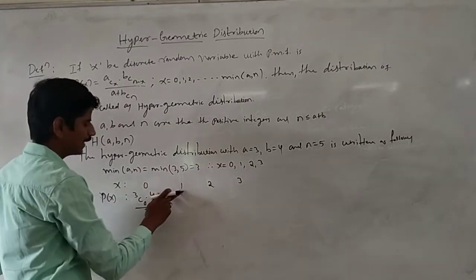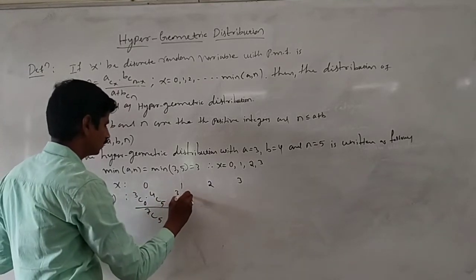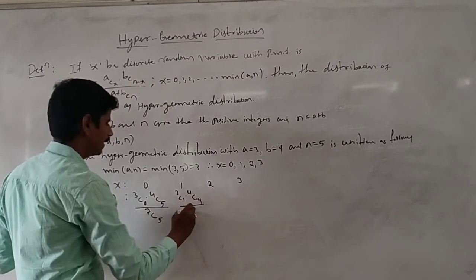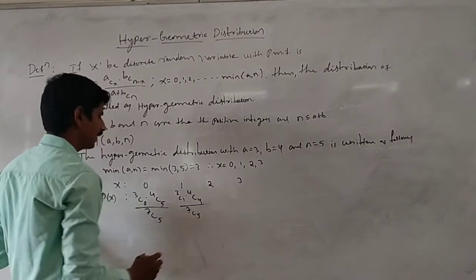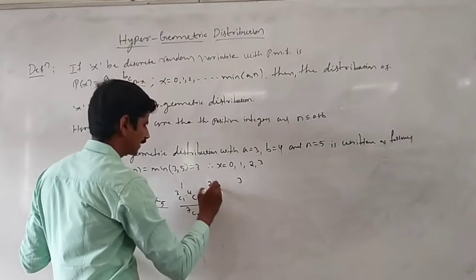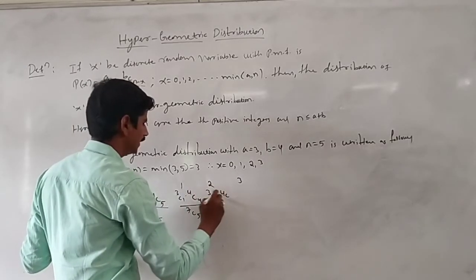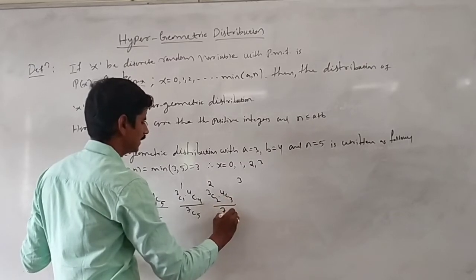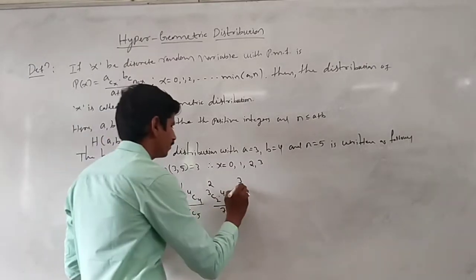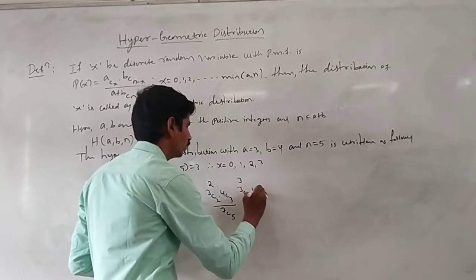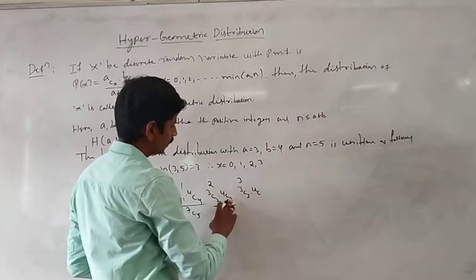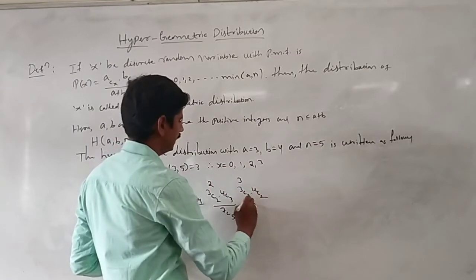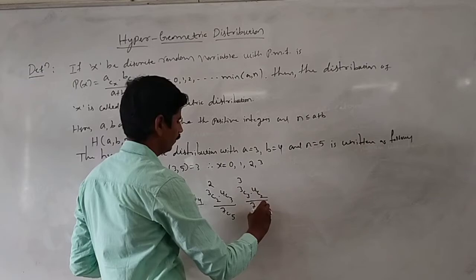Next put x equal to 1: 3C1 into 4C(5 minus 1) which is 4, divided by 7C5. Next put x equal to 2: 3C2 into 4C(5 minus 2) which is 3, 4C3 divided by 7C5. Put x equal to 3: 3C3 into 4C(5 minus 3) which is 2, divided by 7C5.